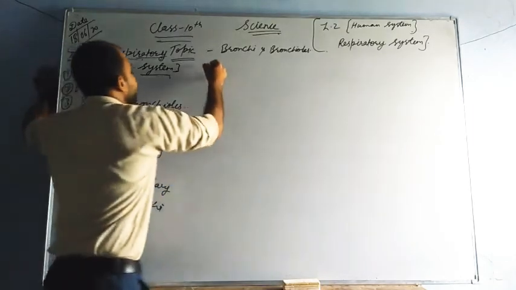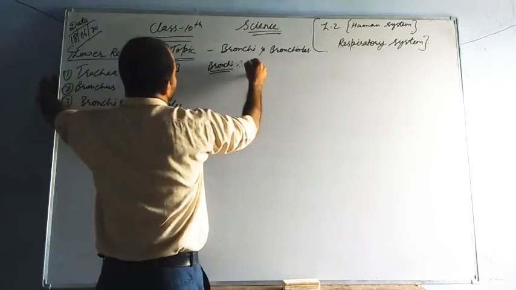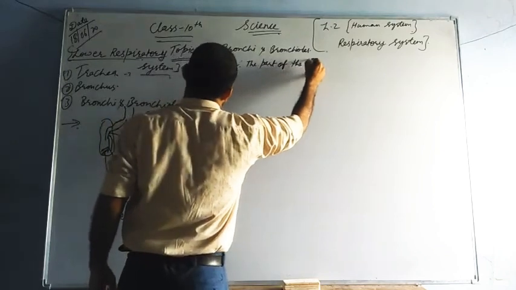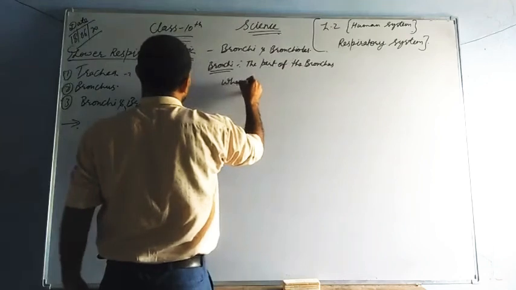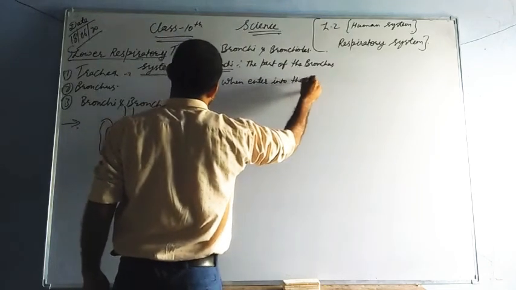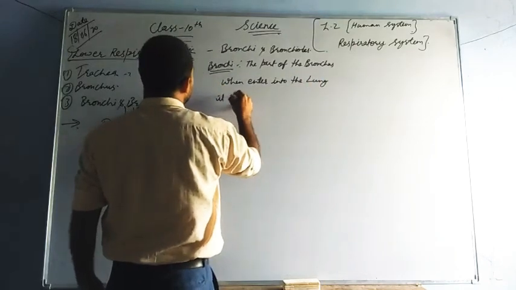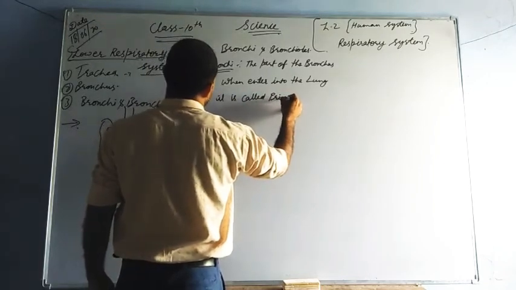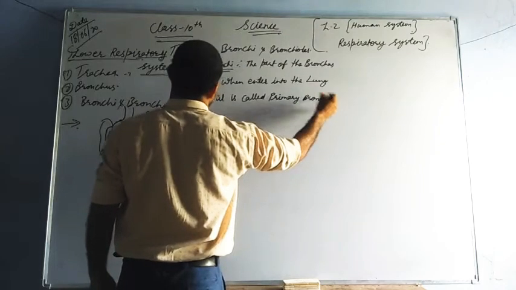Means what? The part of the bronchus that enters into the lung is called primary bronchi. Right?